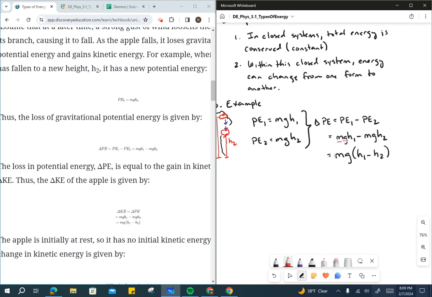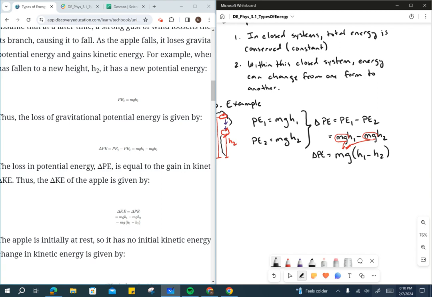The mass and the gravity were common in both expressions. So we were able to pull them out and put them in front of the parentheses. This is a distribution principle here, and then just put the h1 minus h2 in parentheses. Okay, now this equals the change in potential energy.